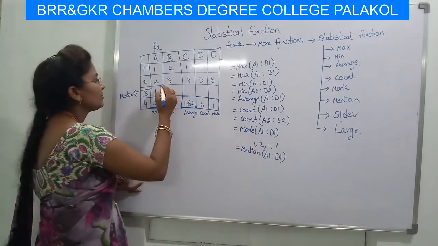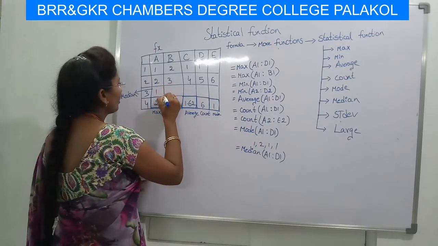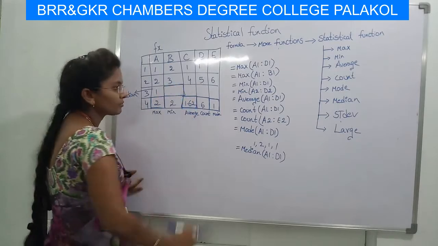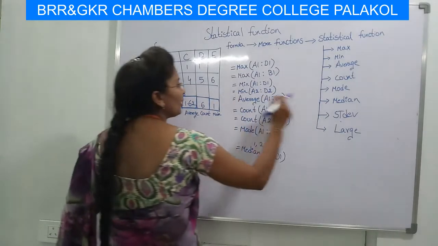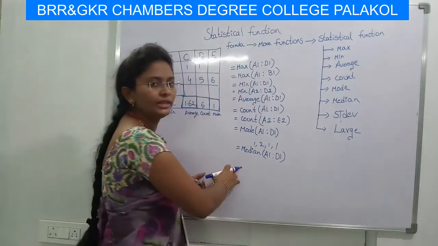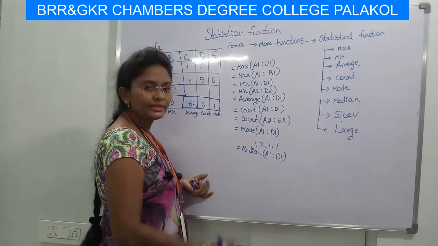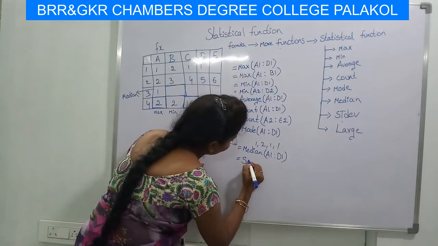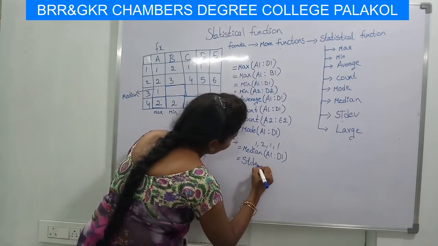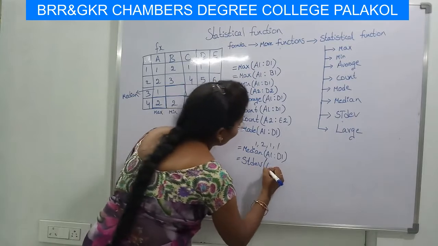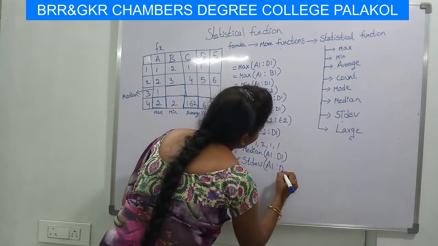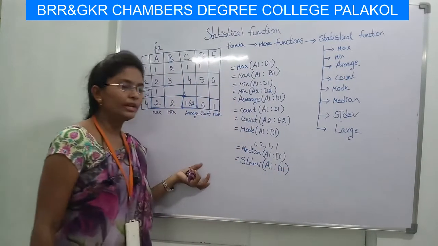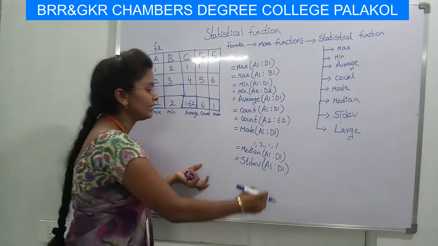And next I am selecting the B3 cell and writing the formula for STDEV. STDEV means standard deviation. Here I am taking the data A1 to D1, closing the bracket and pressing the enter button.